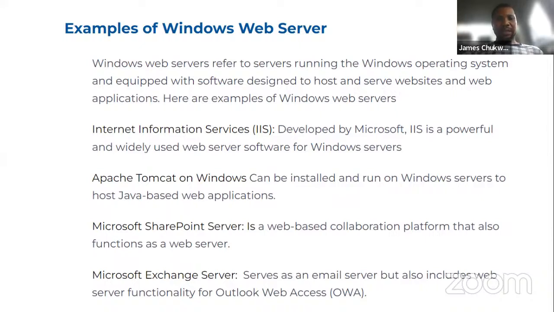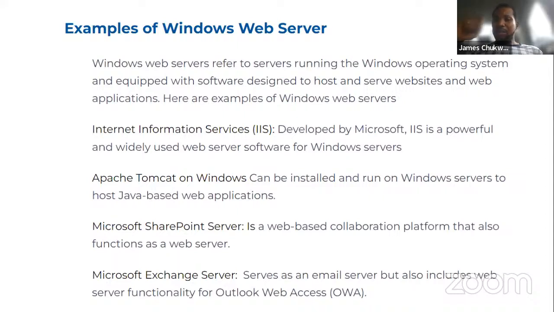Then Apache Tomcat on Windows can be installed and run on Windows servers to host Java-based applications. That is one of the examples of Windows web servers. Apache Tomcat on Windows can be installed and runs on Windows Server to host Java-based applications.